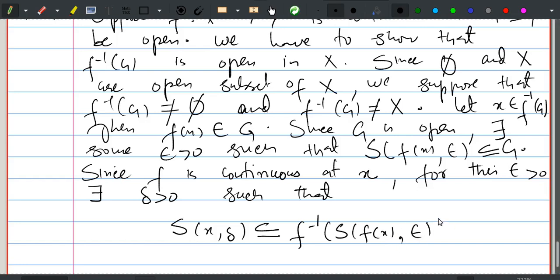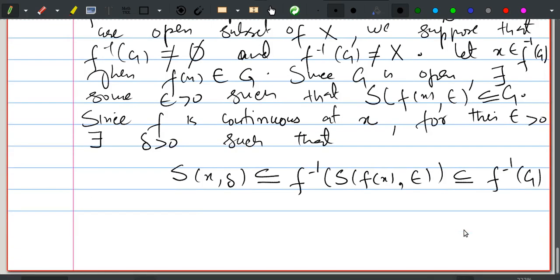This follows from the previous proposition, and this is contained in f inverse G, because the open ball is contained in G, and the inverse image preserves containment. So we are done in this case.